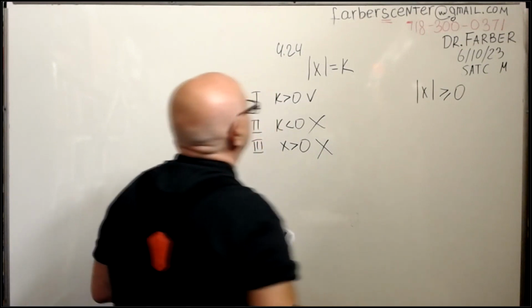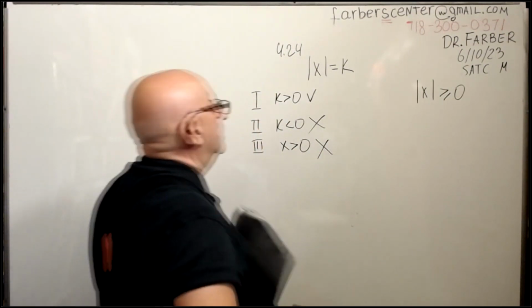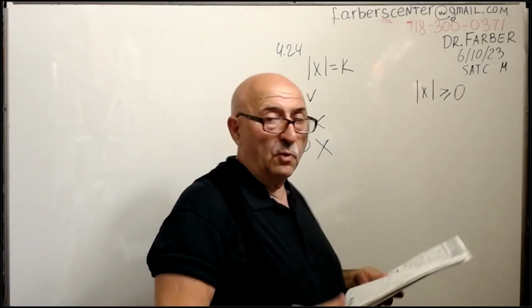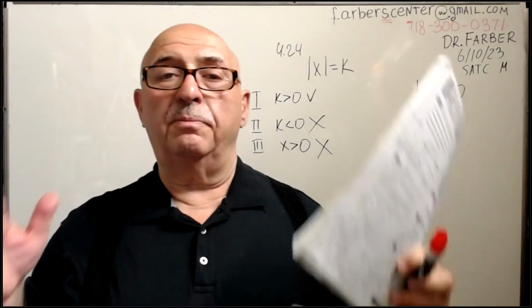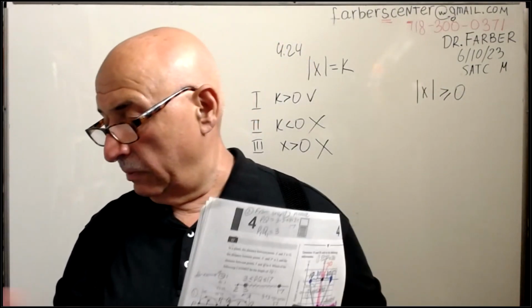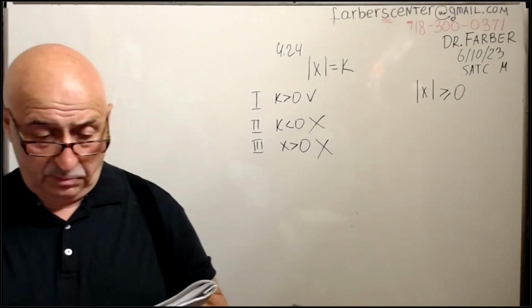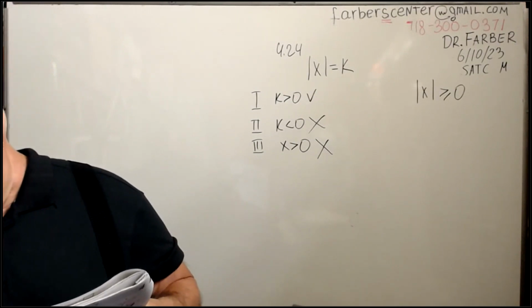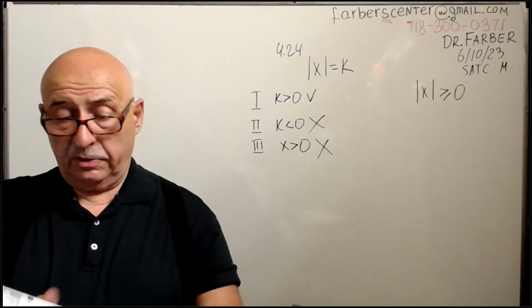Only this one. So it means the right part cannot be negative. Understand this 100%. Absolute value means not negative. Okay, it will be 24. I'm looking at your questions.